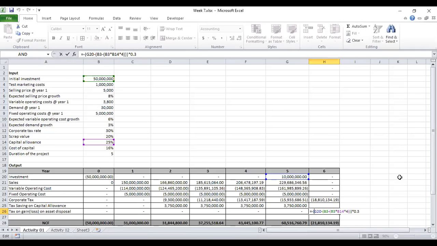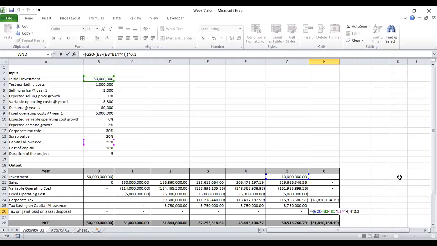Then the asset with a value of 0 is disposed for a value of 10 million at the end of year 5. So this entire disposal proceed turns out to be a gain. So there's a gain of 10 million.